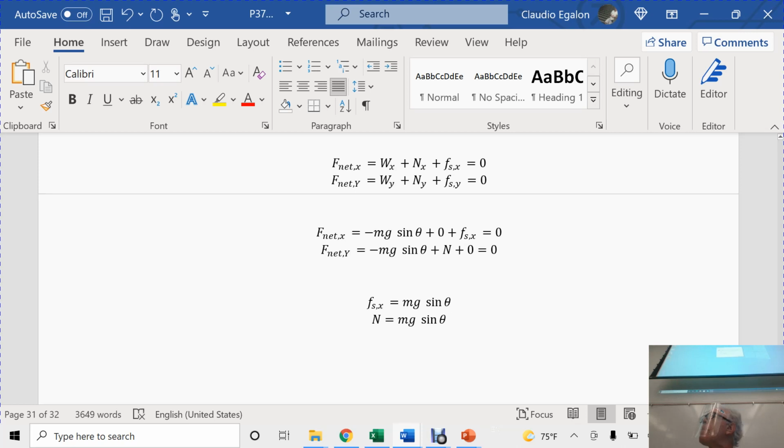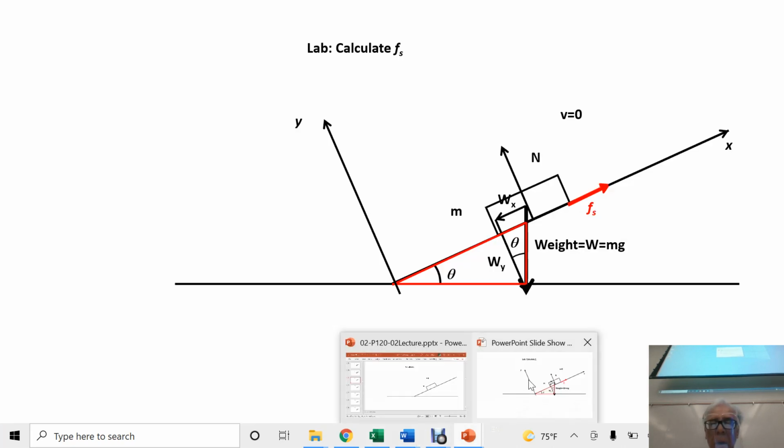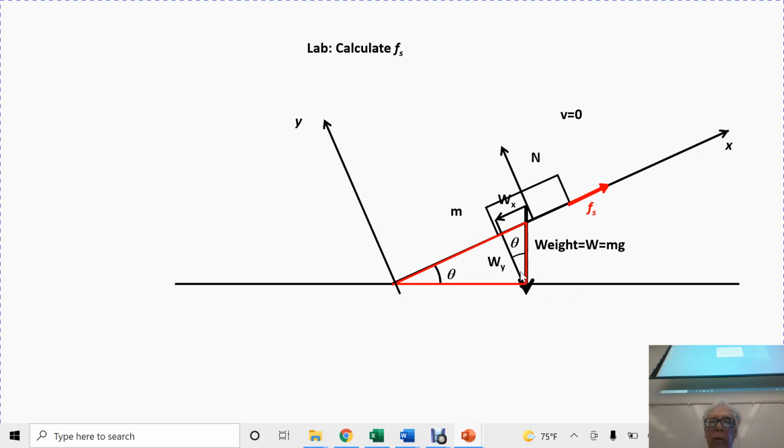Professor? Yeah. For the net force of y, should that be negative mg cosine theta? Yeah, let's take a look. Look at this component of the weight. Is it parallel or anti-parallel to the y-axis? Anti-parallel. Y is pointing upwards, just the opposite direction. That's why we have a negative.